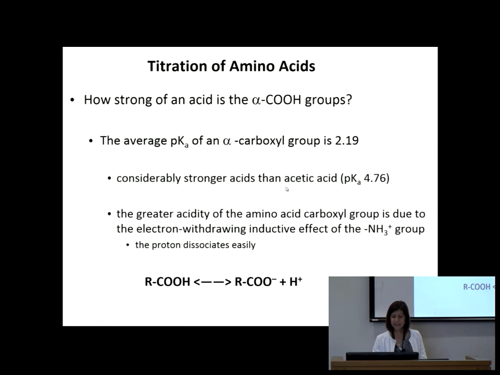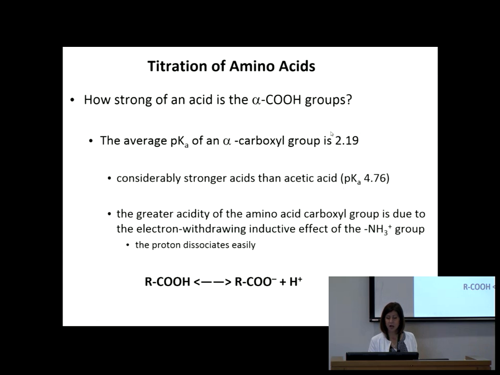So acetic acid, which is a 2-carbon organic acid, has a pK of 4.76. Look at how much lower that is. Remember, this is a log scale. The P function is a log function. So acetic acid, which is just a 2-carbon carboxylic acid, has a pK of 4.76.